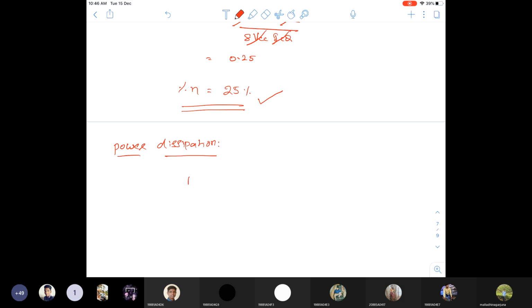Okay, PD is equal to PDC minus PAC. The maximum power dissipation occurs when no AC signal is applied.